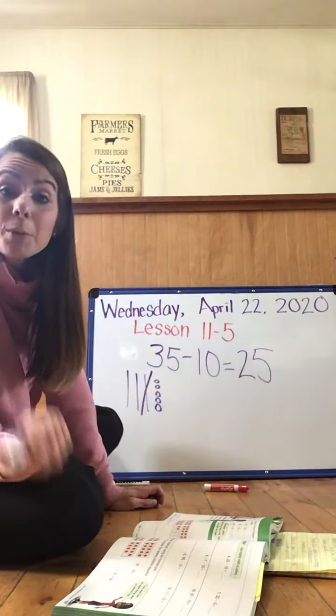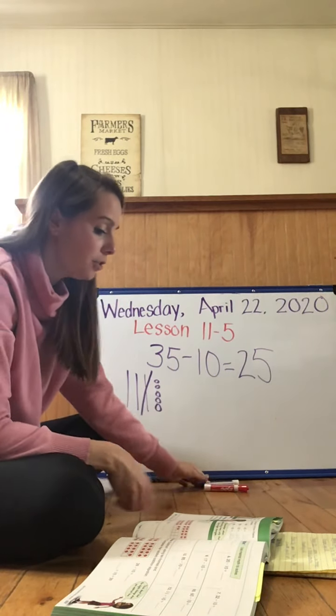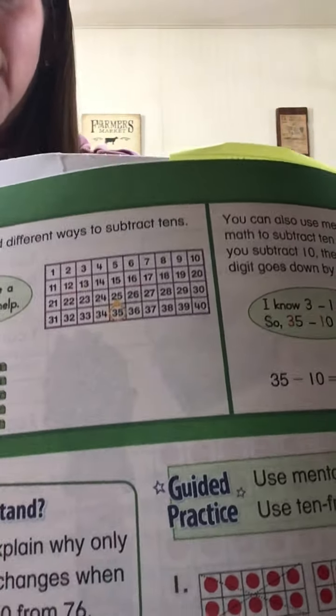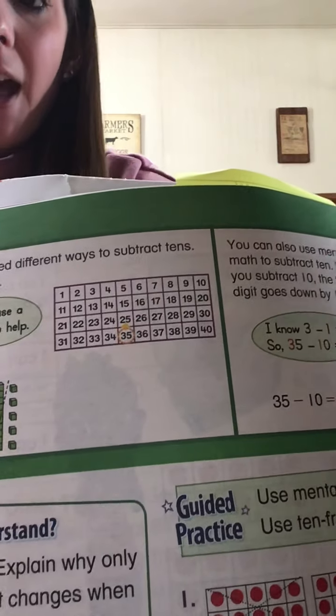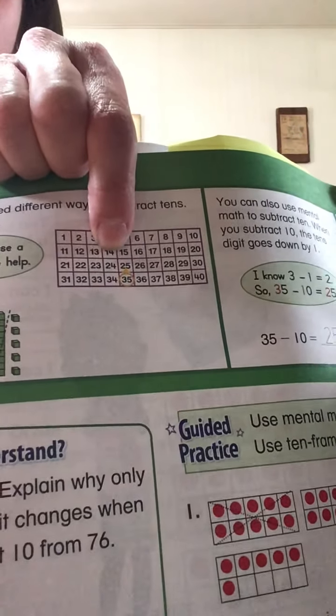Or maybe your brain likes the way we did it yesterday with our 100 chart, where I think, okay, I found 35 and now I'm getting rid of 10. I'm moving up 10 and I see that that lands on 25.